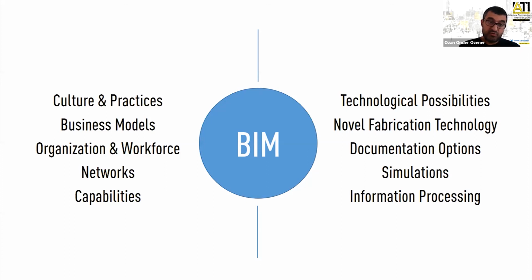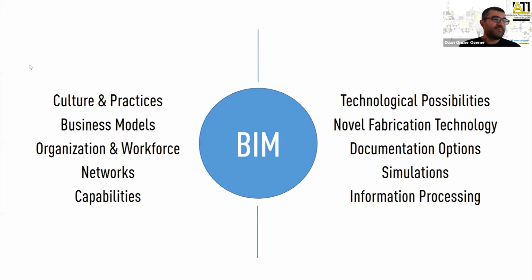But still, in order to do that, we have to look at it from our culture and practice point of view, right? Business models, business processes, organization and a knowledge-enabled workforce. Like you guys, I am very hopeful for the young generation because they were just born into this digital world, and they will understand this far better than us.